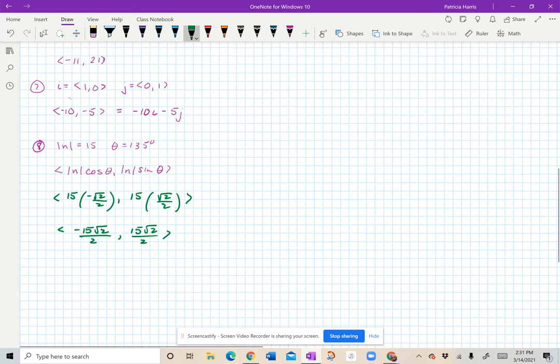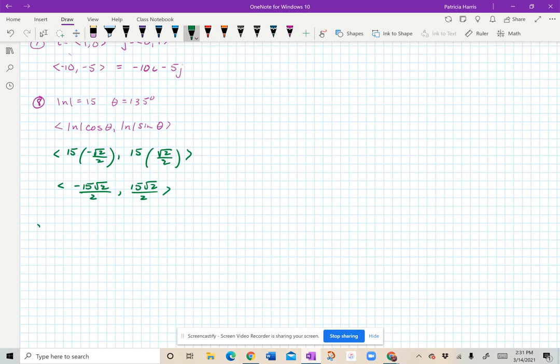Last one, number 9. We have a magnitude of v of 10 and an angle of 30 degrees. And then we have a vector u with a magnitude of 12 and a theta of 135 degrees. We need to find u plus v in component form. First thing I have to do is get these two in component form themselves.